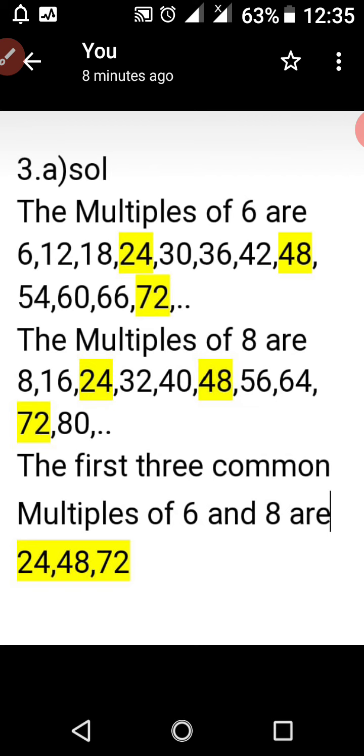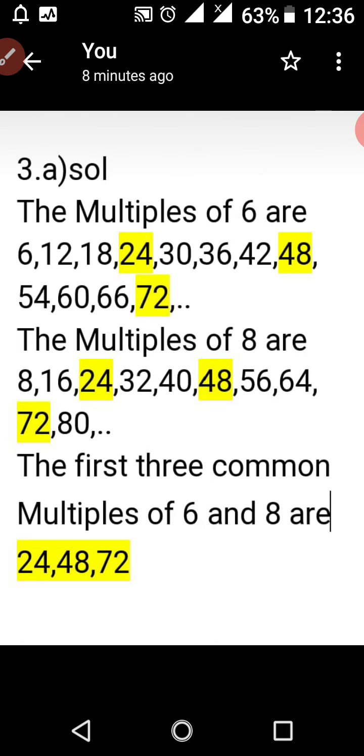So the first 3 common multiples of 6 and 8 are: 24 is common for both, 48 is common for both, and 72 is also common for both. So the answer is 24, 48 and 72. This is the solution for third question A. Then try to do B as homework, in the classwork book only.